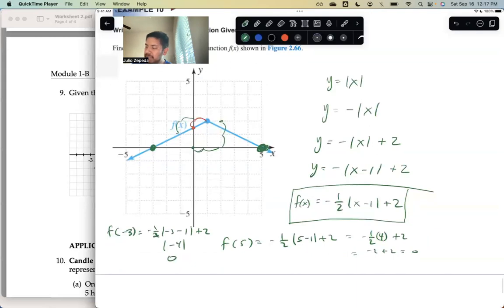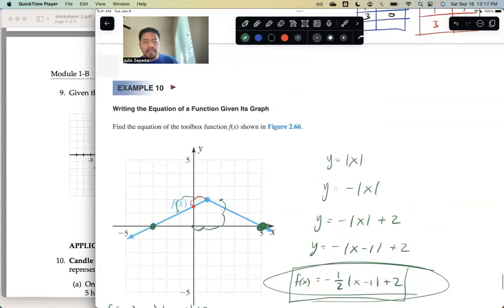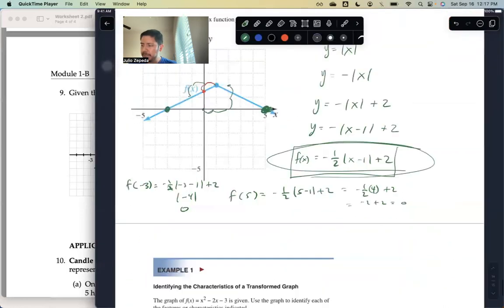Cool. And notice we didn't do any calculation to actually get that equation. Just looking at the shape of the graph, how it's flipped upside down, its vertex is 2 units higher and 1 unit to the right of where it normally is, and that's all. I wrote a few steps here just to show my thinking, but it doesn't take too much time at all.